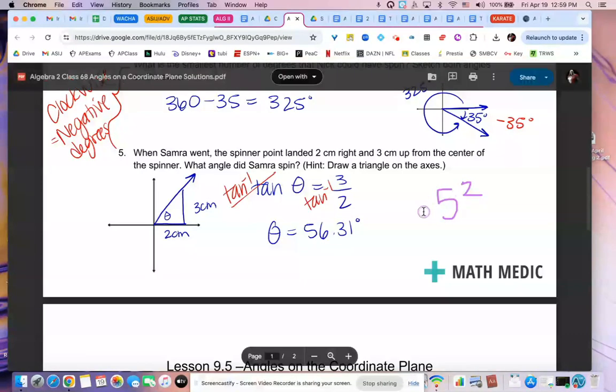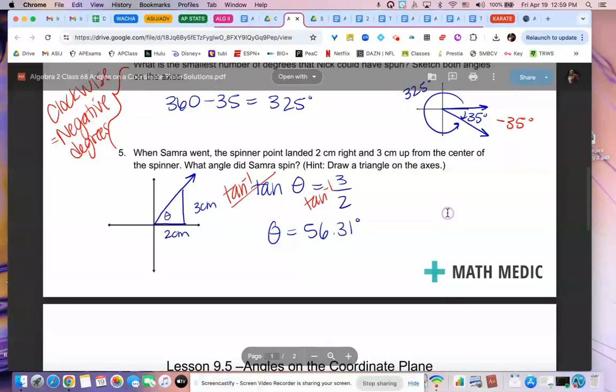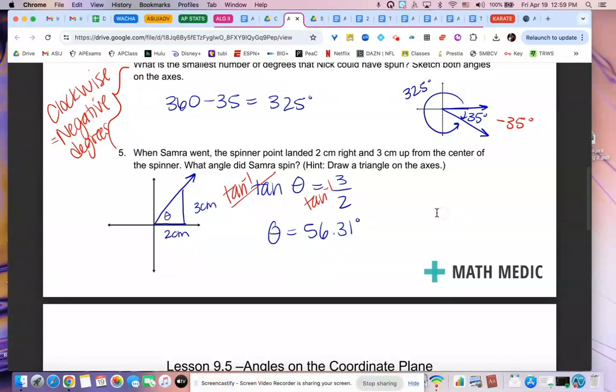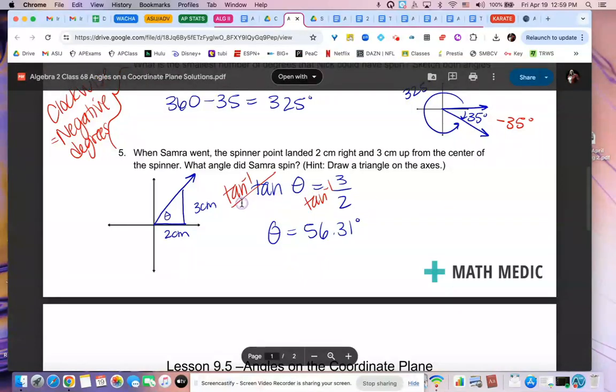So if I do 5 squared and then I do the square root of it, 5 squared is 25. And then I'm undoing the 25 to come back with 5 that I started with. So technically it's not canceling anything. It's just going back to where you started. So it's undoing what you did. So I put a tangent on it. Now I'm going to undo the tangent, if that makes sense.